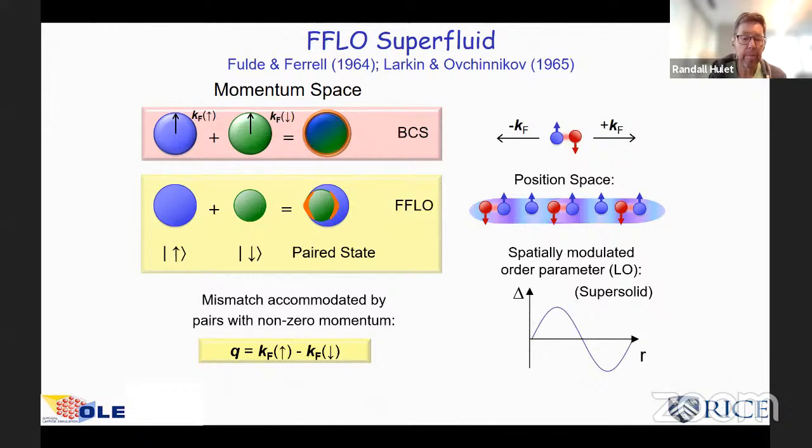And so the Q is well defined, in a cold atom experiment, depending upon the mismatch in populations of the two spin states. So in that sense, it's not spontaneous. It's something that an experimenter can control.